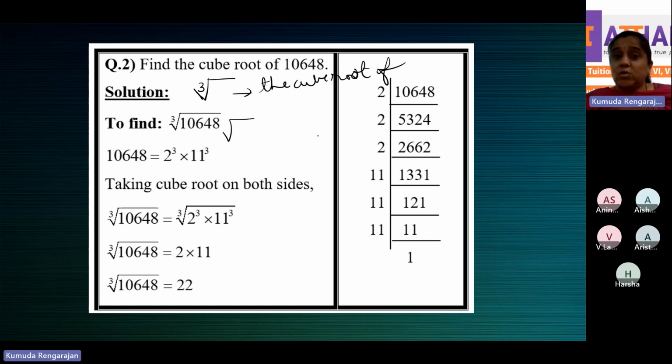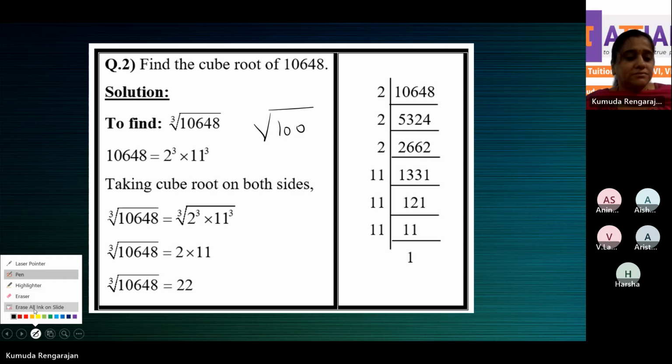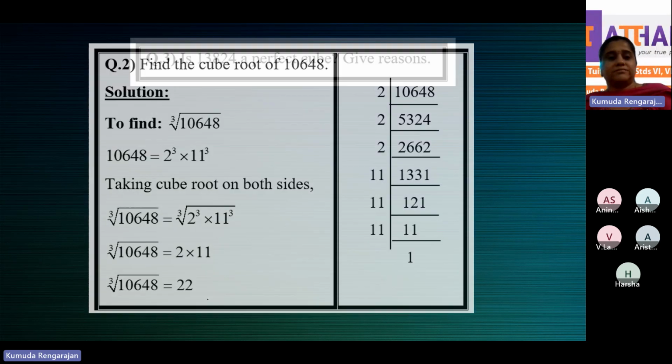The square root of 25. This one is the square root of 100. Similarly, this symbol is read as the cube root of 125. So this is what it is.